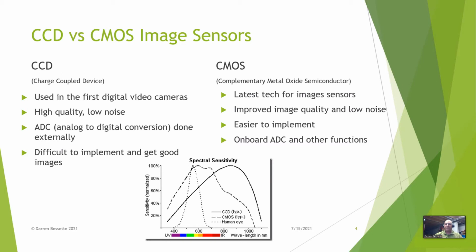The reason why we've chosen these style of sensors is that they very closely resemble the response of the human eye. And that was key to choosing this type of technology, these types of materials.